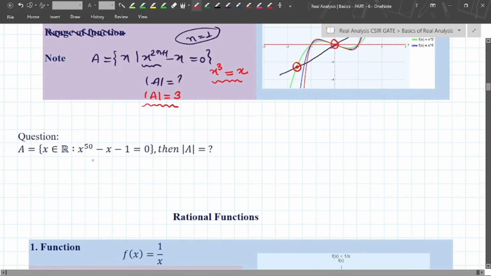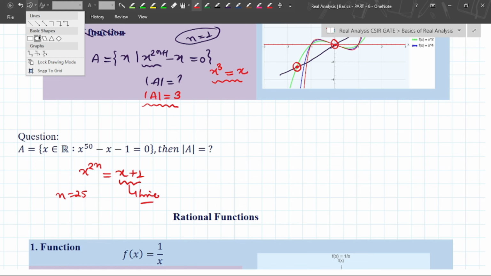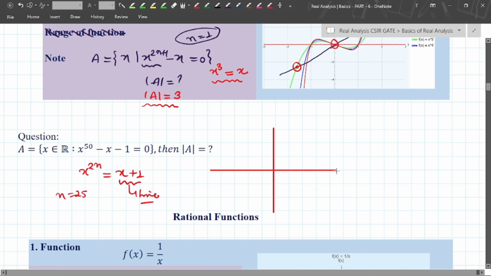So for example, this is what? It is x power 50. X power 50 means x power 2n, where you have taken n equals 25, and it is what? X plus 1, and it is a line. It is what? A line. So for here, what is this? It is x power 50. We have seen what is the graph of here. It is like this. Wait, it will be like this.